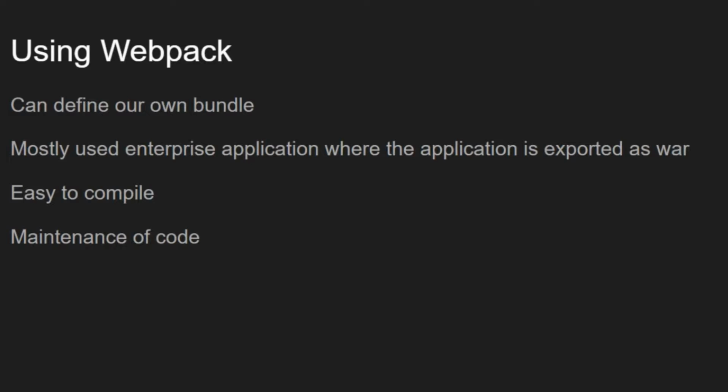Once you give npm init and press enter, it will ask you a few questions. Let it pop up. I'll wait for it. Over here it is asking for the package name.